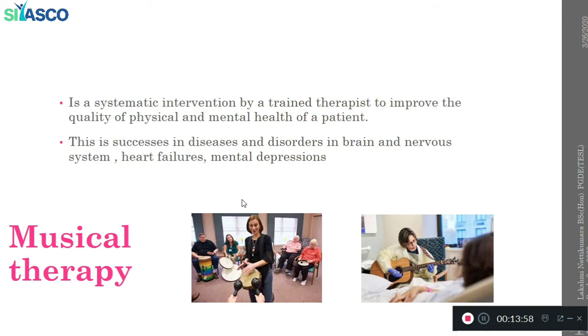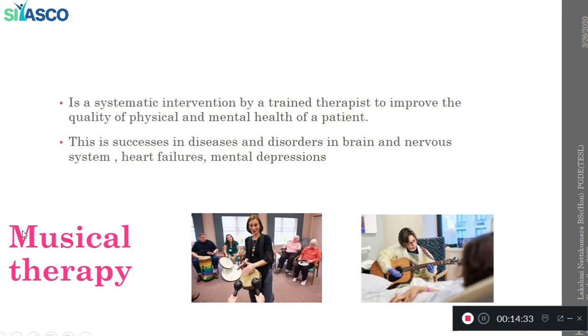Like any other energy, sound energy can also be used to destroy human life as well as to improve the quality of physical and mental health of a patient. Here I would like to direct your attention to how to use music for the betterment of a person's health. When we use music in a systematic way, by a trained person, to uplift the quality of health of a patient, it is called music therapy.